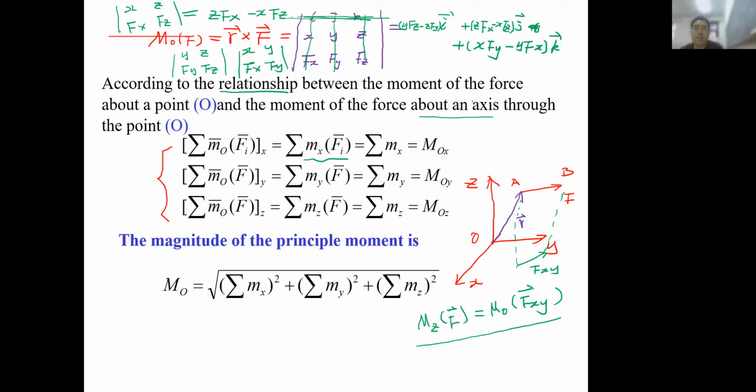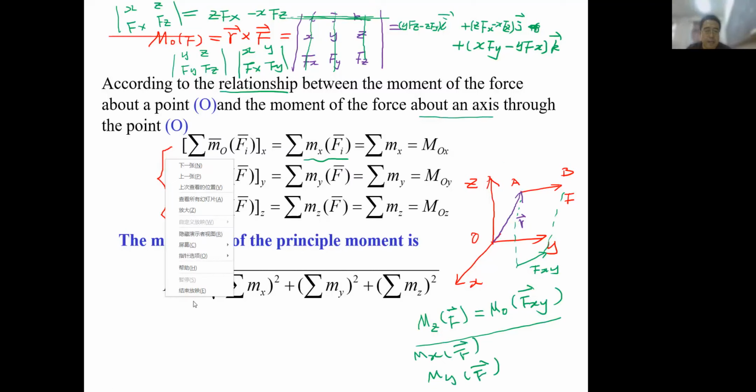But what's the relationship between this MoF and MzF, MxF, and MyF? It's a very interesting result. I spent a lot of time to write here for you guys.